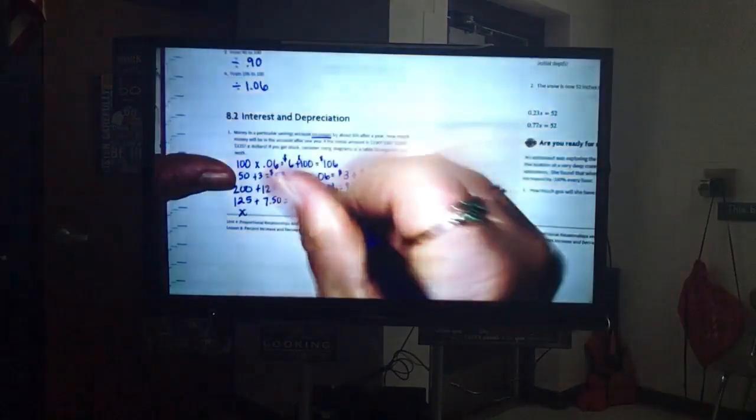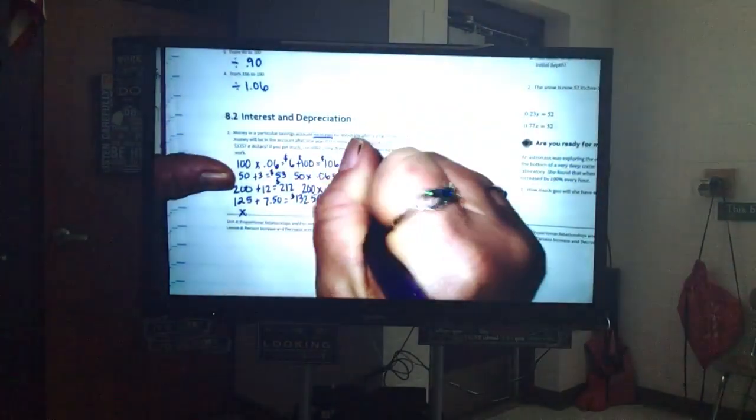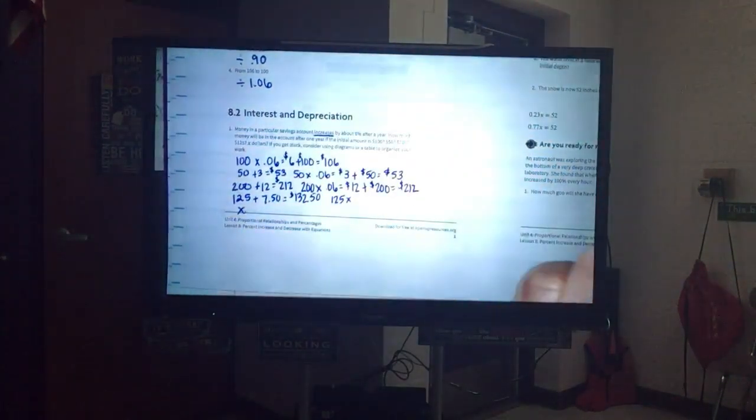What did you multiply 125 by? Every single person just needs to repeat what the person before you said, because it's the exact same thing for every problem.